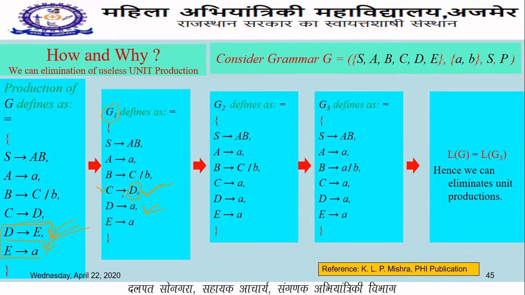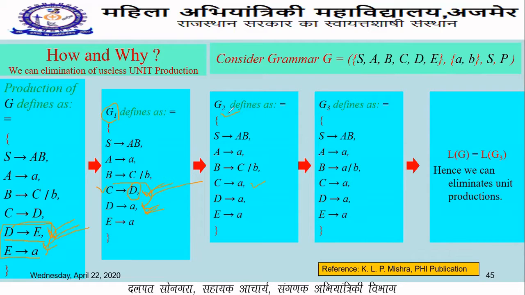So if we remove the production C tends to D and make a new production C tends to a, it works the same as G1. We do this in our next simplified grammar G2, and we include C tends to a.